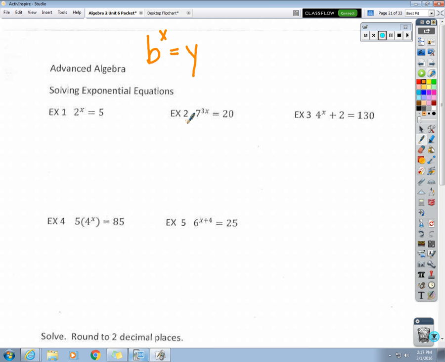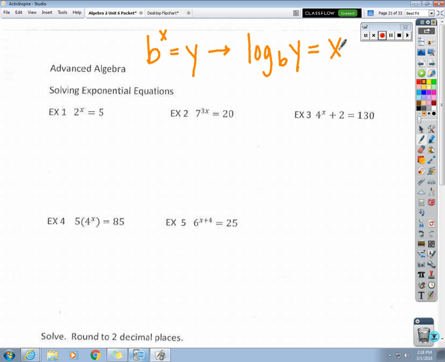Now, whenever you're asked to solve an equation, isn't the goal to get the x by itself? So we want this x by itself on one side of the equal sign. Well, think about it. When I taught you how to write a log equation, isn't it log base b of y equals x?